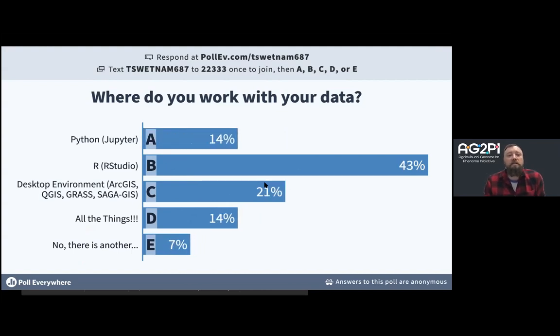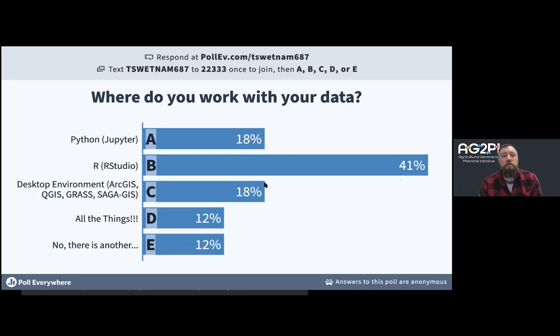And I left that desktop environment stuff in here from a previous GIS workshop that I did. But for those of you that aren't GIS people, ArcGIS is the most common commercial GIS software, and then those others are open source softwares. Cool. Well, I'm glad to see that most of you guys are using R, because that's where we're going to start out this morning.